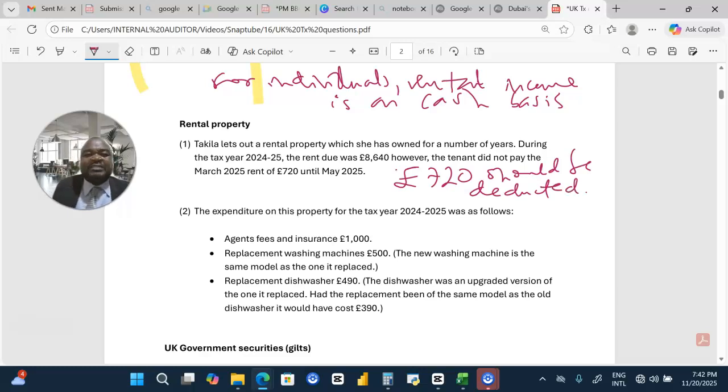Then number two, the expenditure on this property for the tax year 2024-2025 was as follows. Agents fees and insurance, 1,000. So agents fees and insurance, this one is allowable, isn't it?